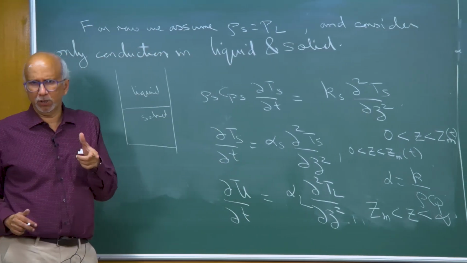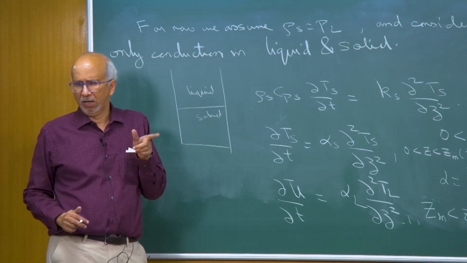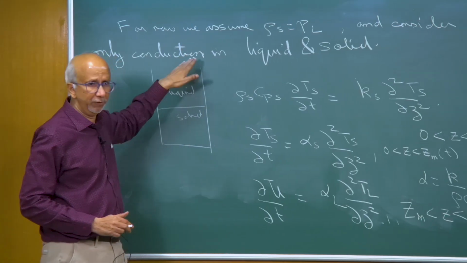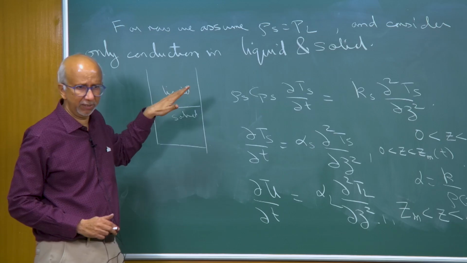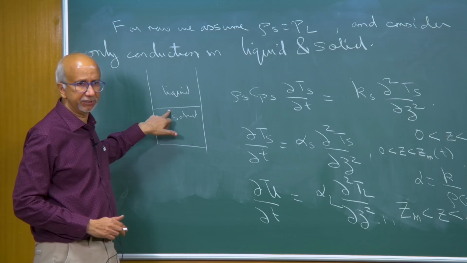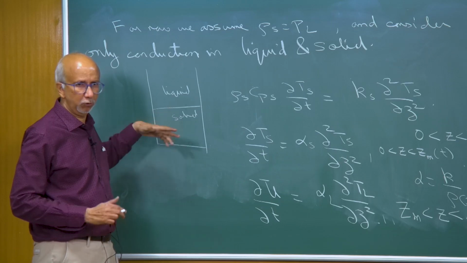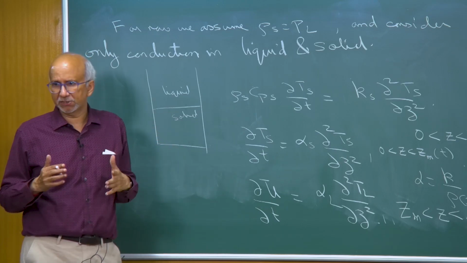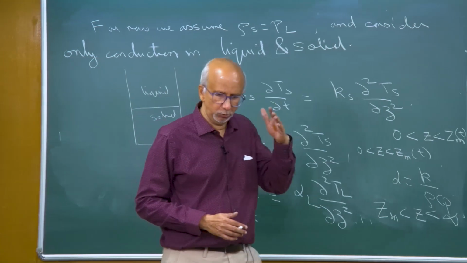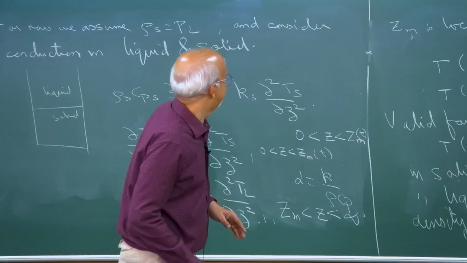But one small change: it is extending to infinity. Second, the boundary is moving. Third, there is a phase change. These are the differences from what you have already seen.